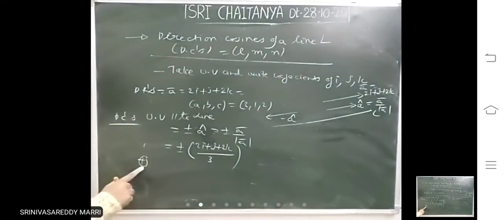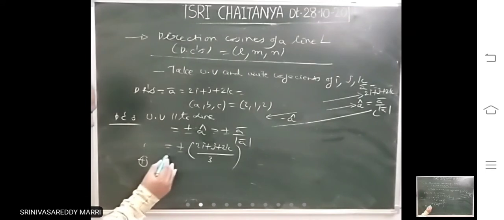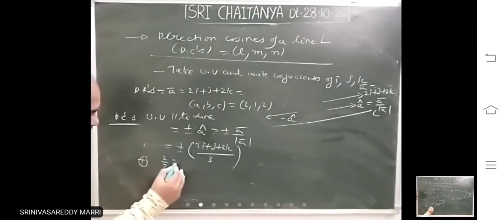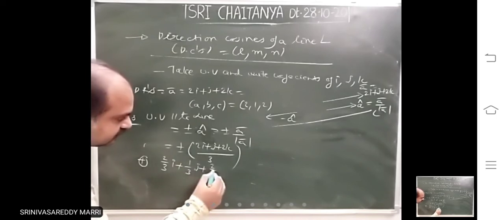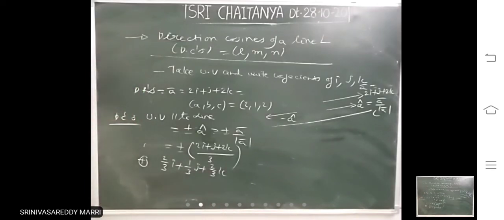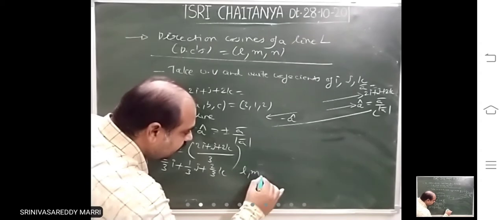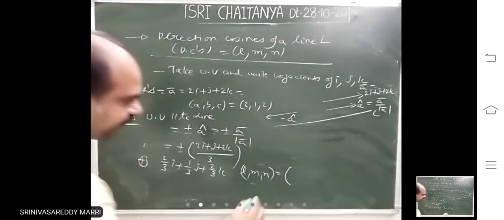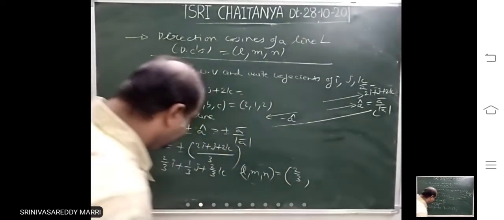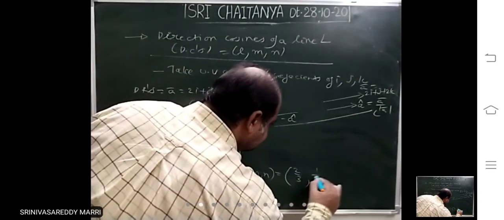So if plus is taken, you will get 2 by 3 I plus 1 by 3 J plus 2 by 3 K. Therefore, L, M, N is nothing but that. DCs are nothing but unit vector coefficients.